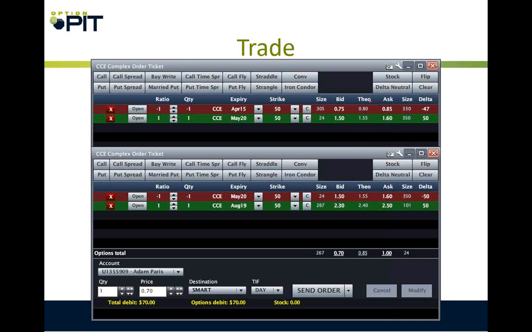So what is the cost of an April-May calendar? About 75 cents. Now, what is the cost of the May-August?